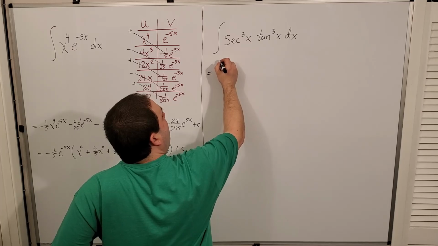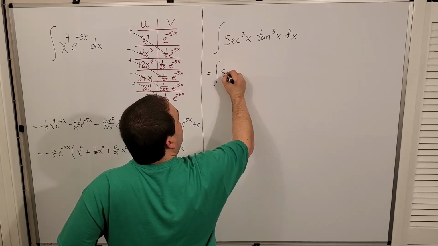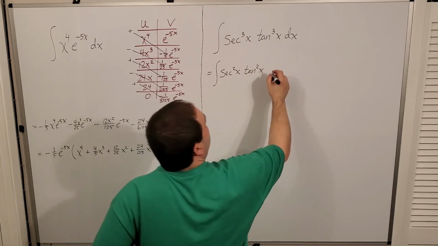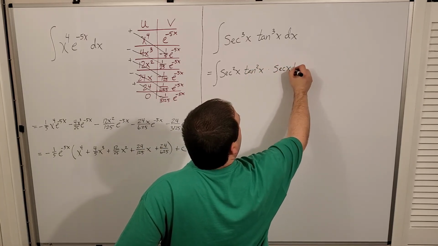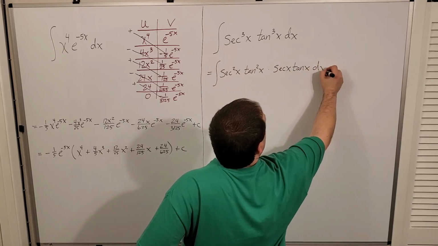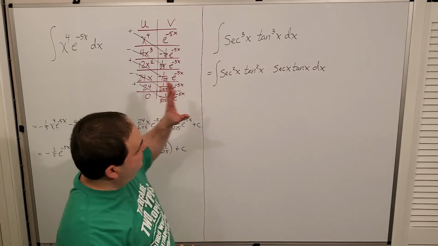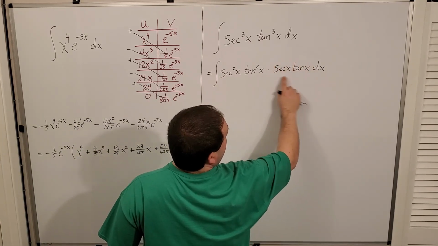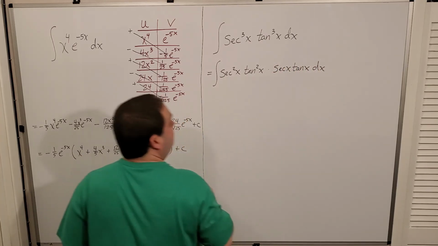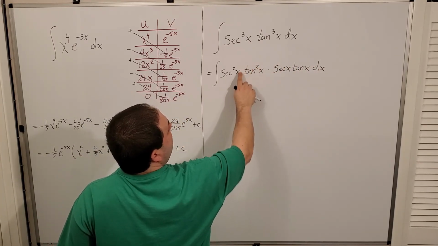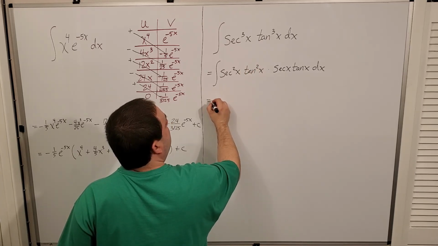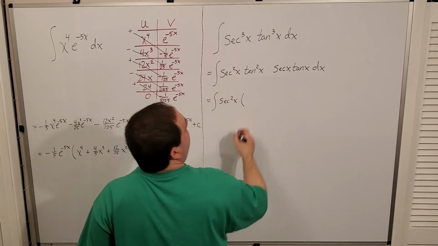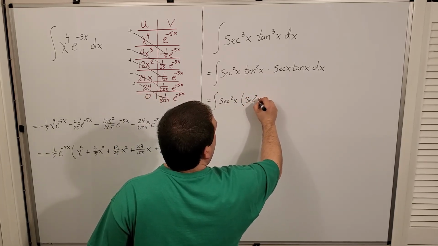I'm going to rewrite this as secant squared x times tangent squared x times secant x tangent x dx. Okay, so I separated that out. And remember, what I'm noticing is that this is the derivative of secant x. From here, I can also say that tangent squared of x is equal to secant squared x minus 1.